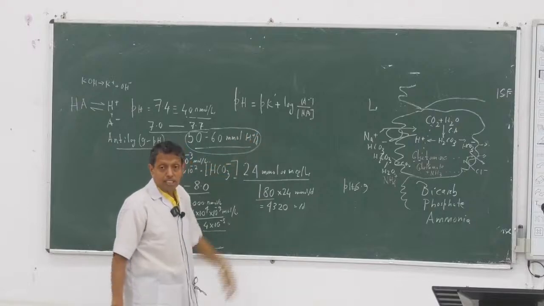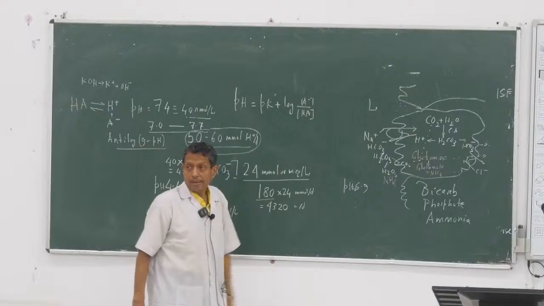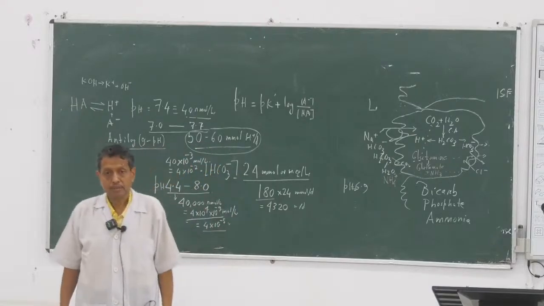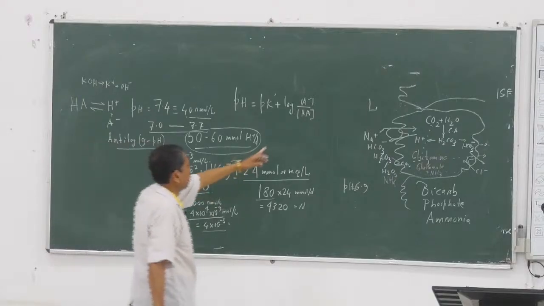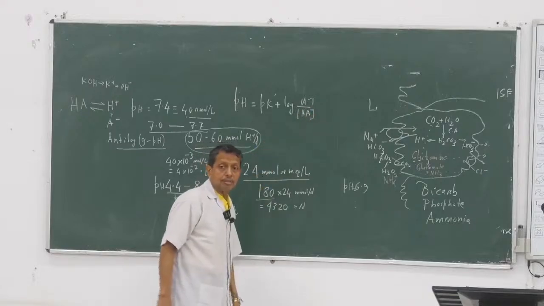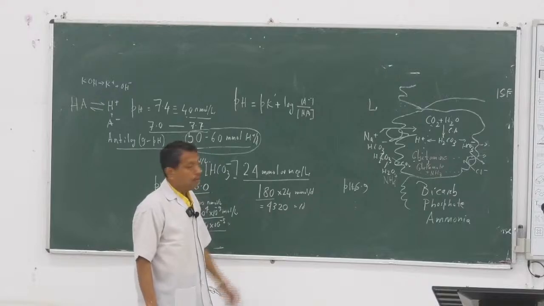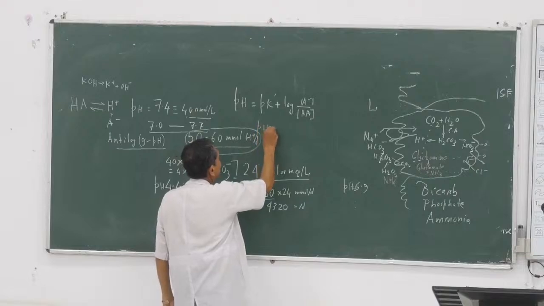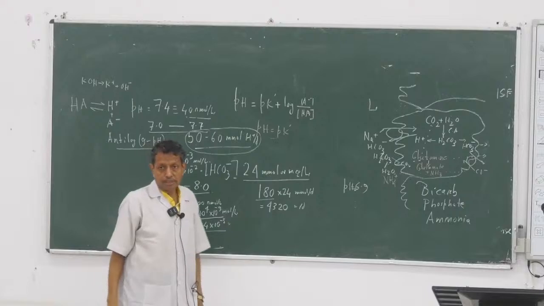The power of a buffer system is maximum when this ratio is 1. That is, pH is equal to pK prime, pK dash. That is, the concentration of this anion and the acid becomes equal. So the pH is equal to pK, pH is equivalent to pK prime, the apparent dissociation constant.